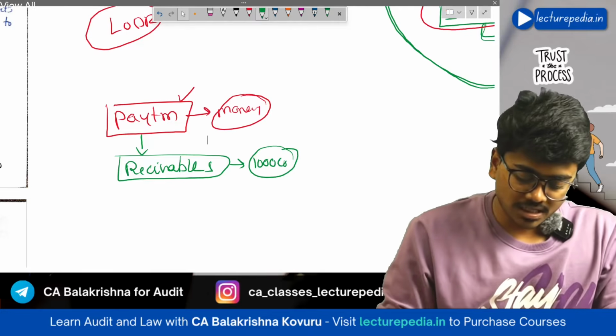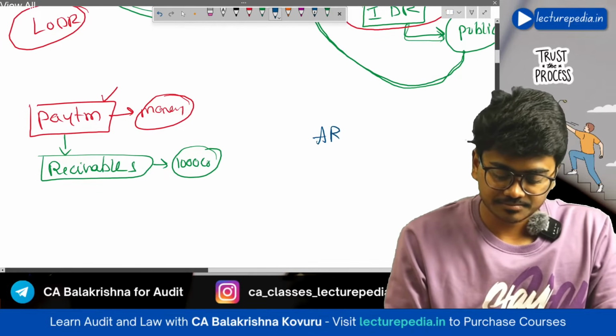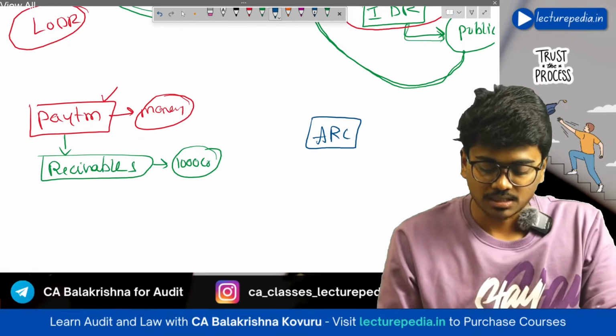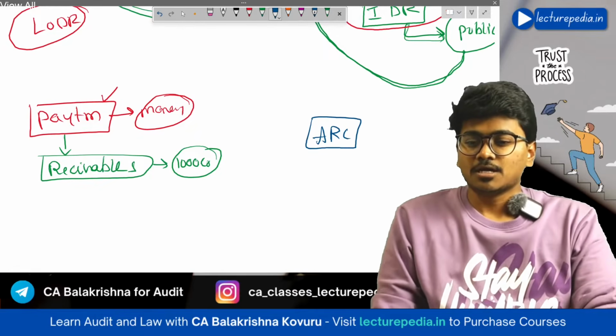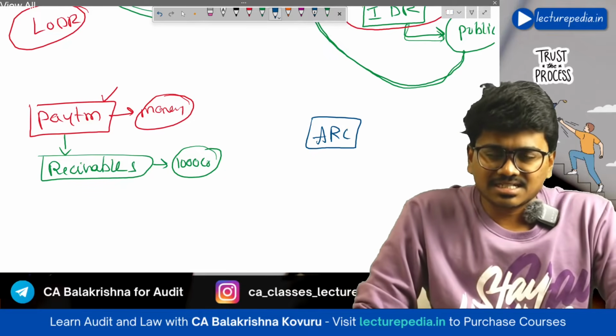We will be calling them asset reconstruction companies, ARC. So Paytm can approach an asset reconstruction company.